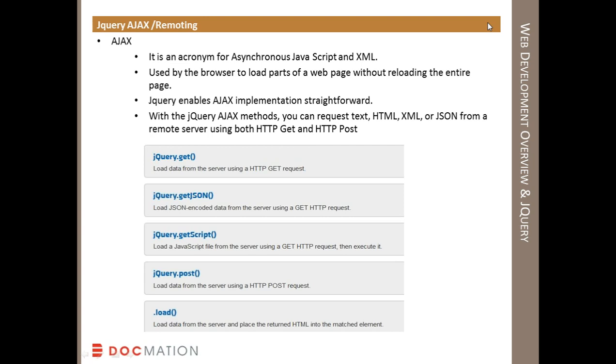Using the jQuery functions, instead of relying on the XML HTTP request object, it provides wrapper functions like get, post, and Ajax, using which you would be able to perform any of these asynchronous requests.